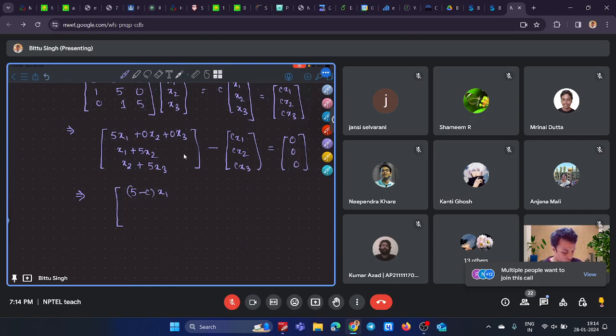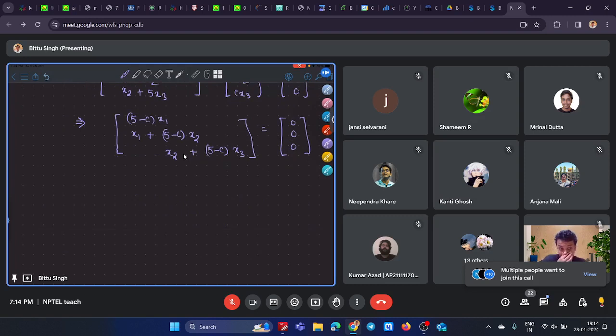And the second one is x1 plus 5x2 minus cx2, so it will be x1 plus (5 minus c) x2. Then the third is x2 plus (5 minus c) x3. This is the same as 0, 0, 0.